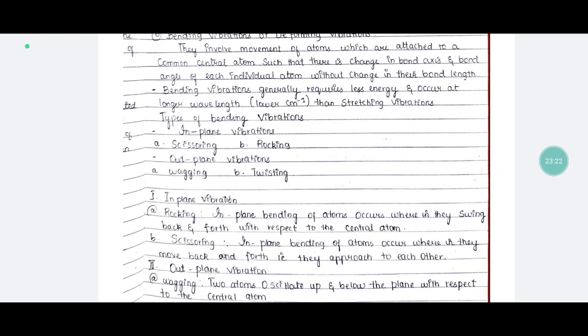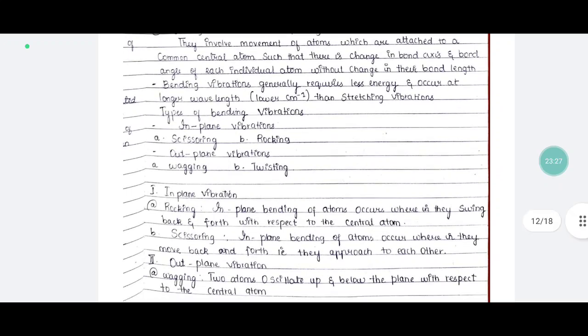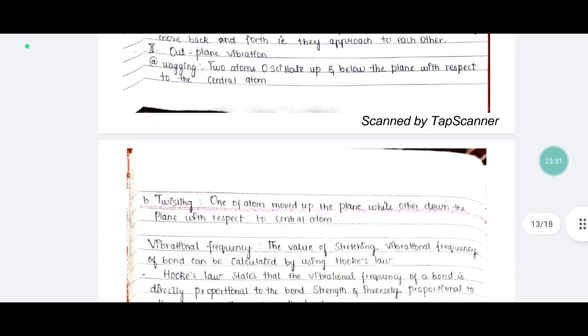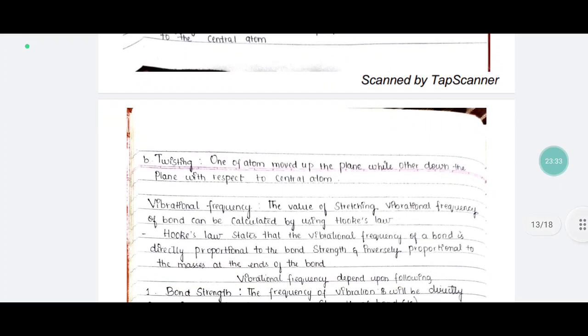In-plane vibrations, that is scissoring and rocking, have the definitions given below, whereas in twisting one atom moves up the plane while the other moves down the plane with respect to the central atom.